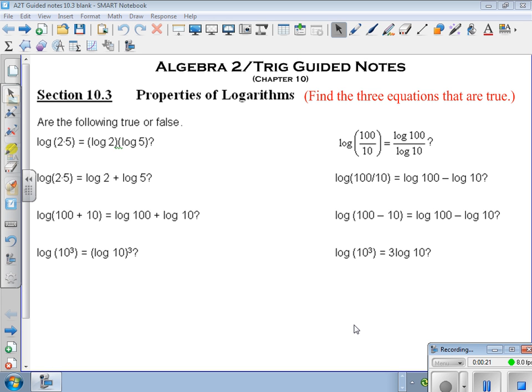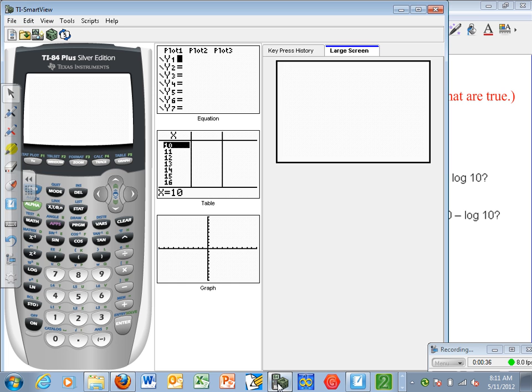So let's look at the one on the left, which is the log of a product of 2 times 5. Does that equal the log of 2 times the log of 5, or the log of each thing? So we're going to test this with the calculator here. Basically, if we had the log of 2 times 5 in parentheses, that equals 1.